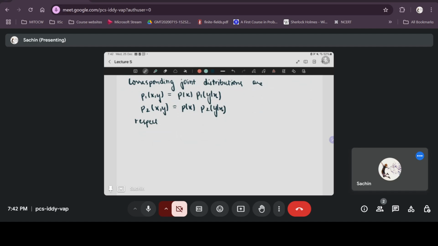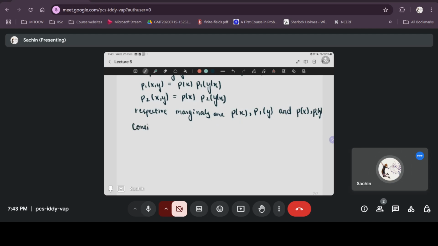Respective marginals are p of x, which is same for both distributions, and p1 of y for the first distribution, p of x and p2 of y for the second distribution.